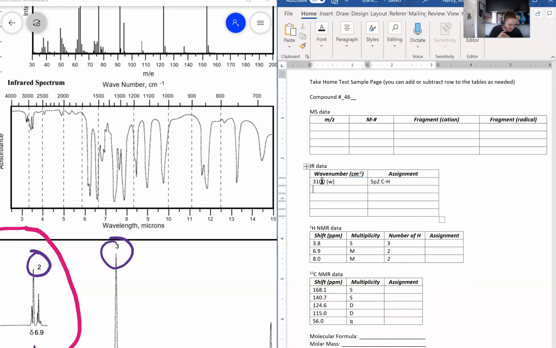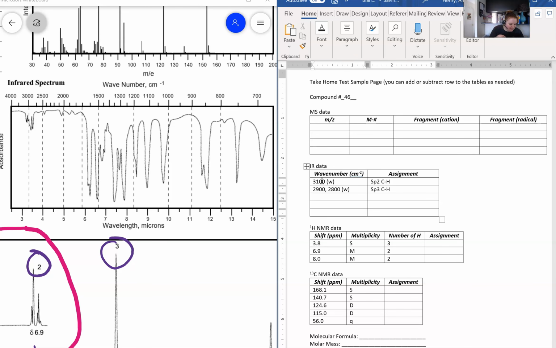And then again, there's a peak right below that. So at 2900, 2800, again, they are both weak peaks. And these are sp3 carbon hydrogens. So that information tells me that I have a benzene ring because I have carbon hydrogens on those sp2 carbons, but I have some other type of carbon hydrogen as well.